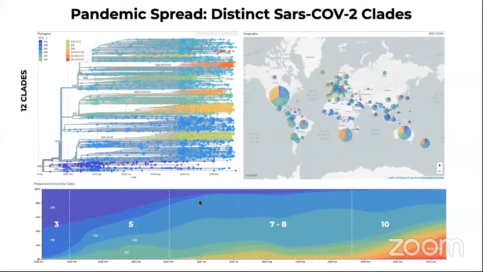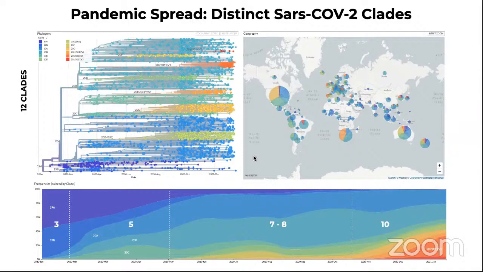The reason I'm showing this is because we now have this tremendous collection of genomic information. On one hand, it allows us to analyze the data and understand both the origin and the dynamics of this disease as it spreads. On the other hand, it is also limited due to a variety of biases.